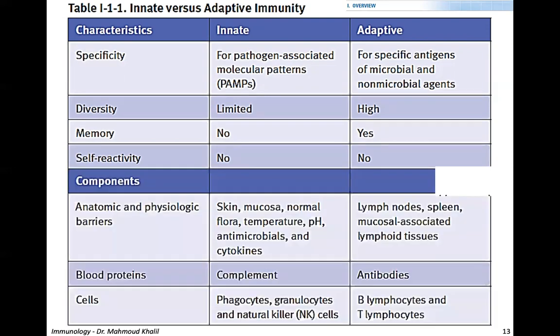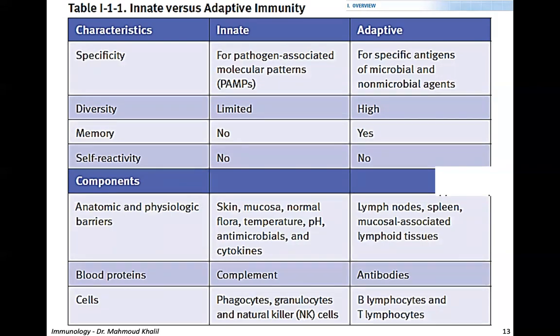For the components, the anatomic and physiological barriers of the innate include skin, mucosa, normal flora, even the temperature of our body, pH, antimicrobials, and cytokines. While the adaptive, as we said, includes lymph nodes, spleen, and MALT, okay?